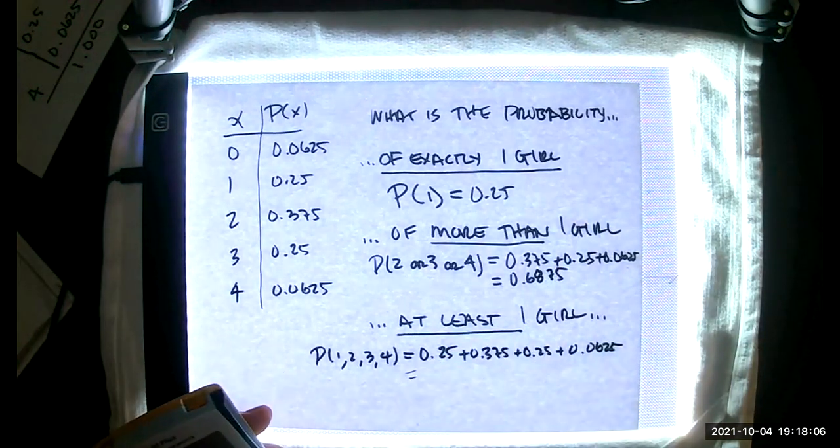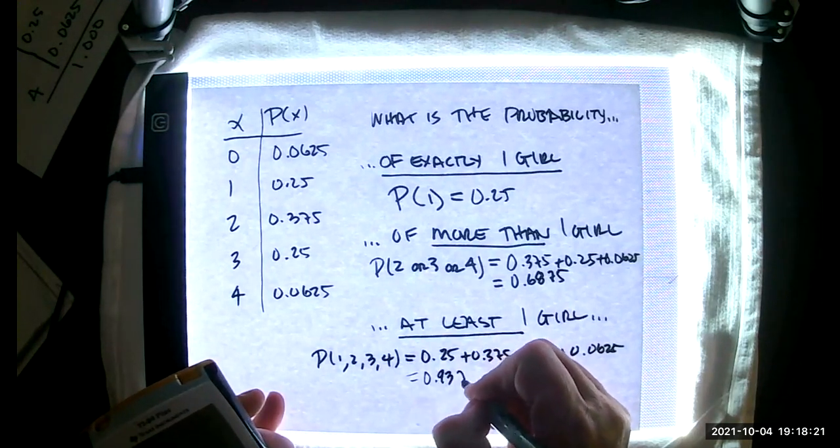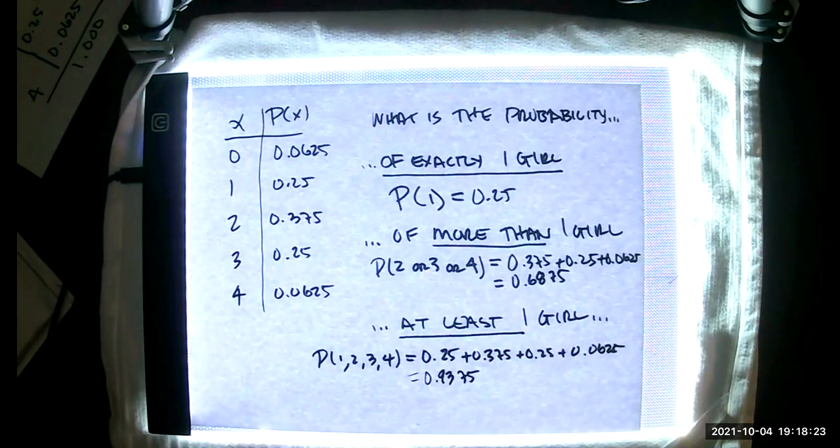This one here, 0.25 plus 0.375 plus 0.25 plus 0.0625. And I get 0.9375. What I'm really trying to stress here is the fact that, 2 facts.